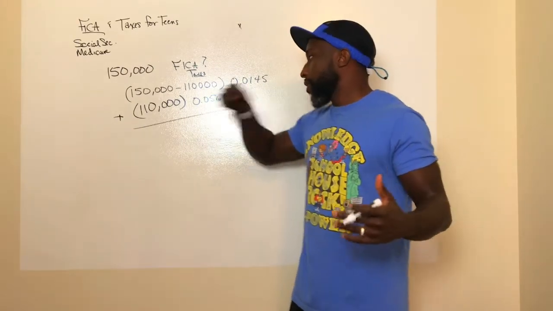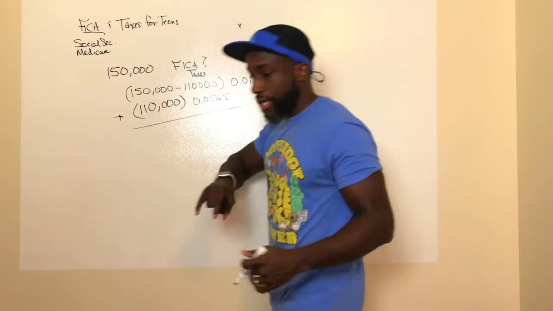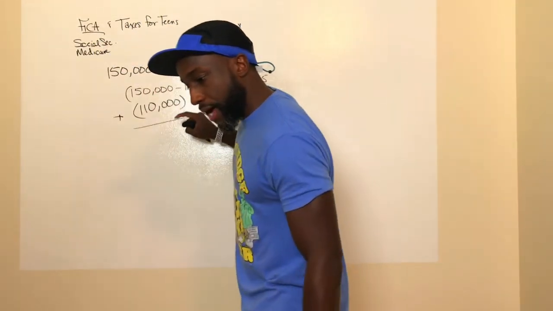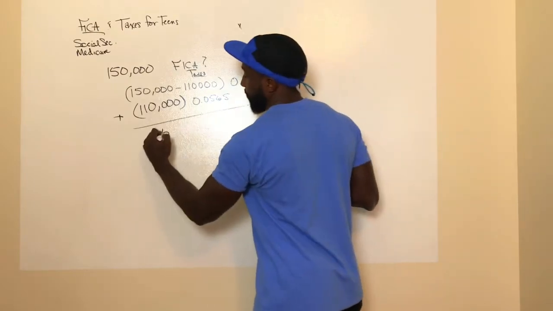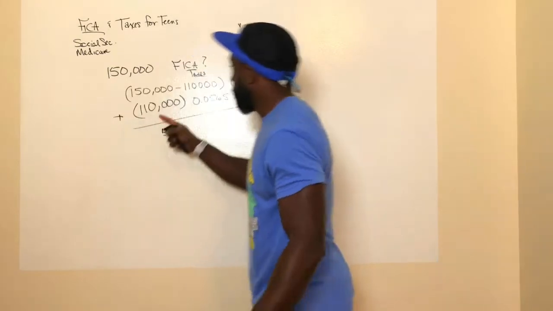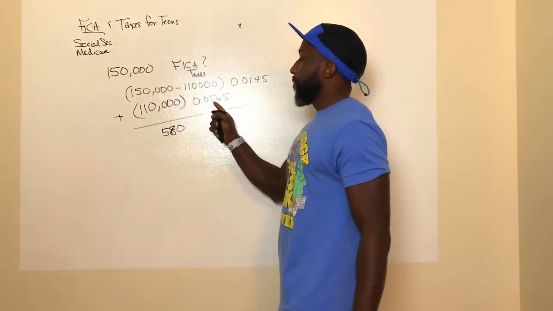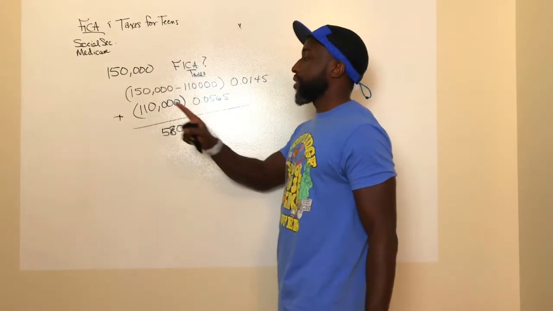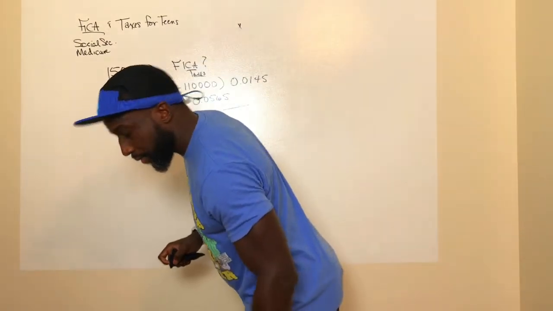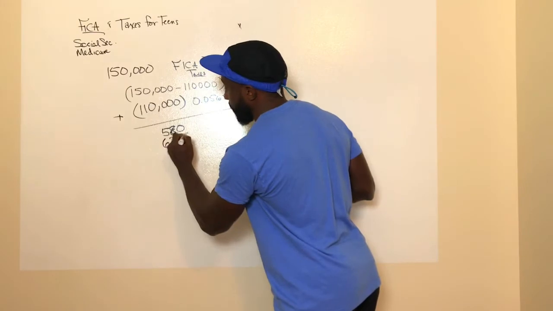So let's do the math. $40,000 times 1.45% is going to give you $580, and then 5.65% times $110,000 is going to give you $6,215.